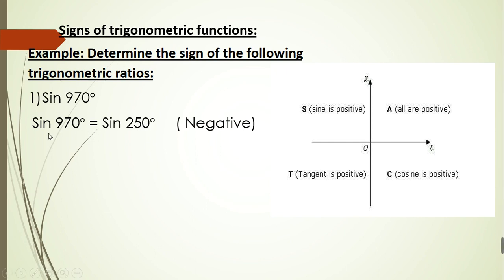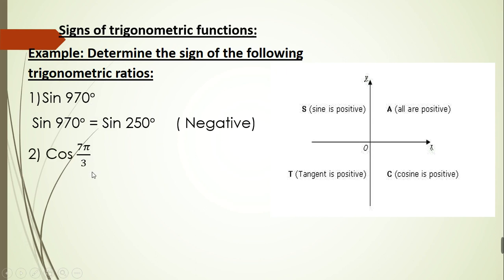So the sign of this ratio is negative. And you can check by using a calculator: sine 970, we will obtain a negative quantity.